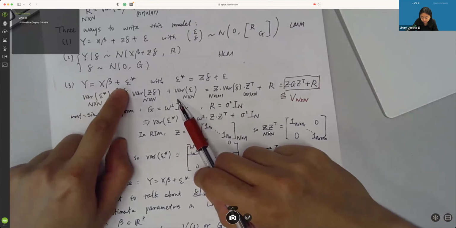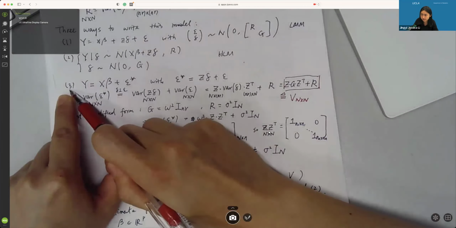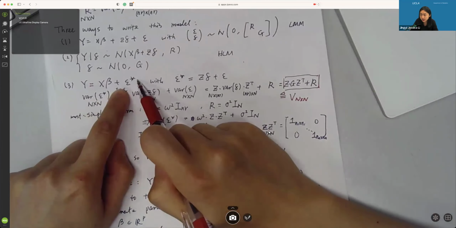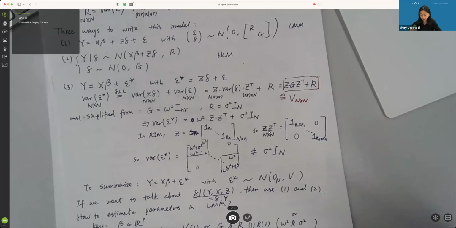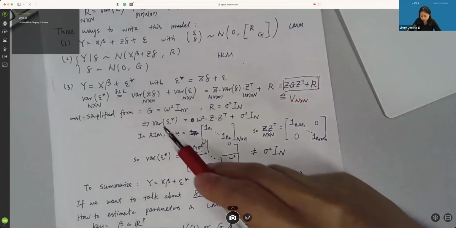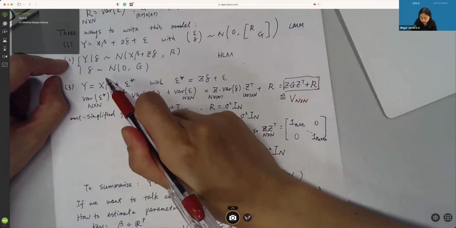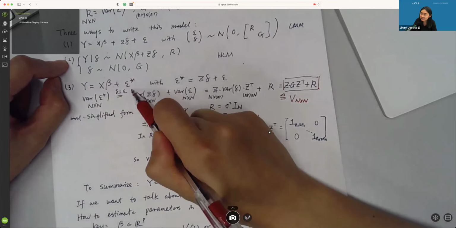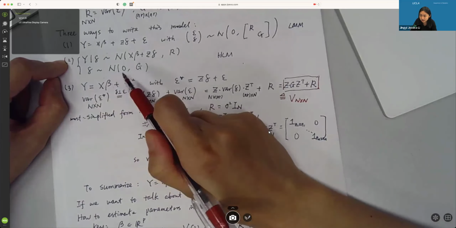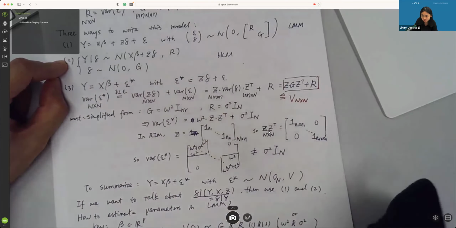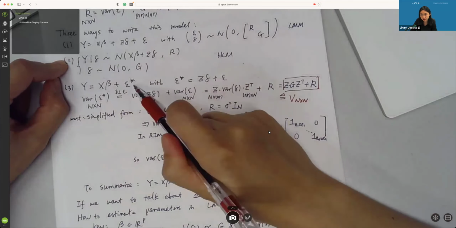We can put all the components, look at this model 3, we can put all the random components into one general term. We can call that epsilon star. So in this model, we have a fixed effect and random effect. Random effect contains both the random effect we are interested in and the random error.